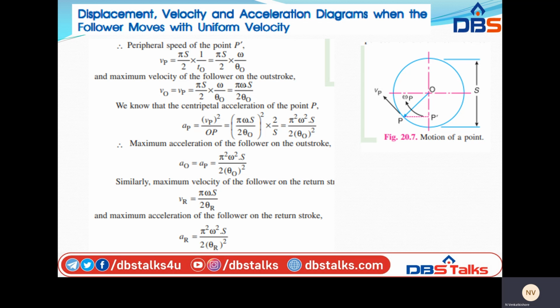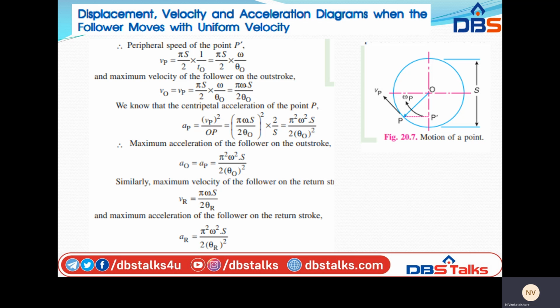So here if you see this diagram, that is the motion of the point. Consider a point P moving at a uniform speed, omega P, around the circumference of a circle with the stroke as a diameter.